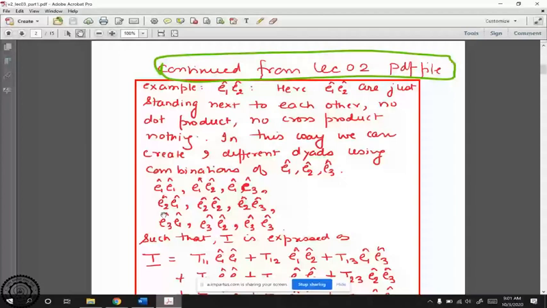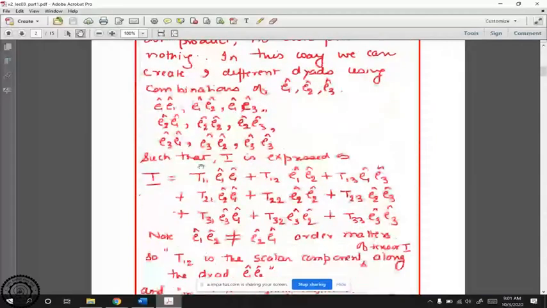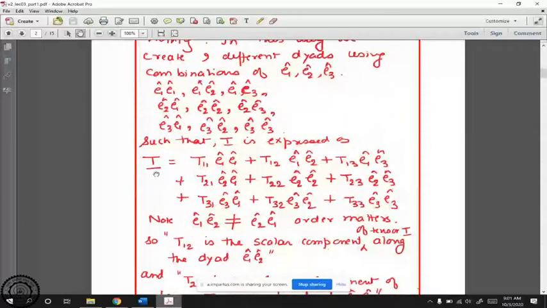So we have these 9 dyads, which will be the members of the basis using which I will write a second order tensor in this Cartesian coordinate system, as I have shown here. Every term has a scalar coefficient, T11, T12, and so on.